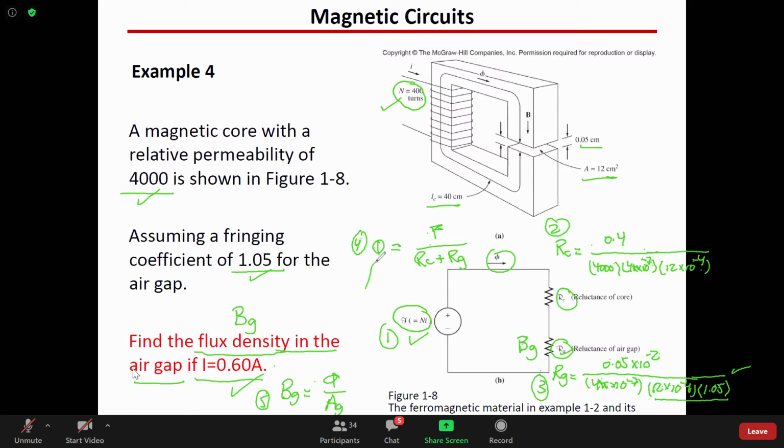Flux, we already have. Area will be what? Again, it's 12 times 10 to the power minus 4, multiplied by 1.05. Okay?